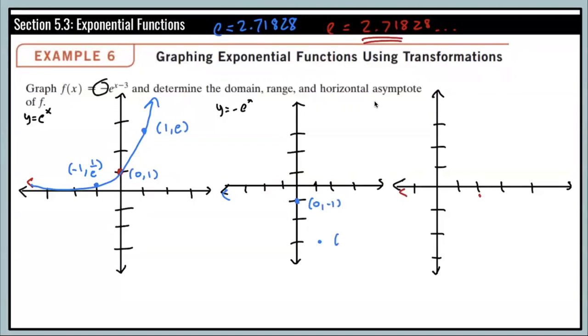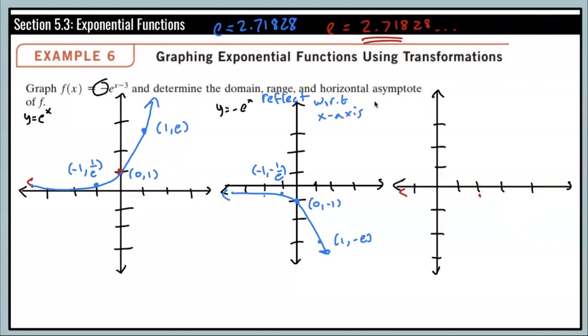Instead of 1 comma e, you're going to have 1 comma negative e. And then you're going to have this point right here, which is negative 1 comma negative 1 over e. And then you're just going to connect the dots. Okay. So reflect with respect to the x-axis.